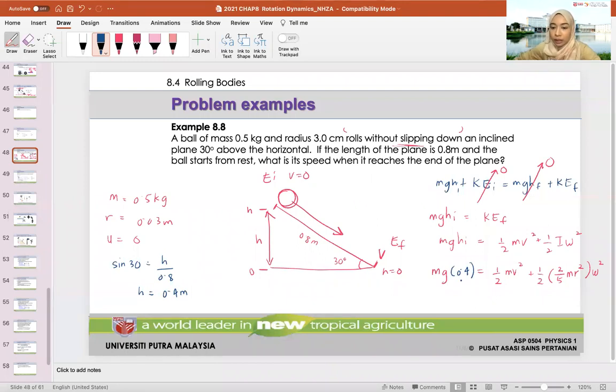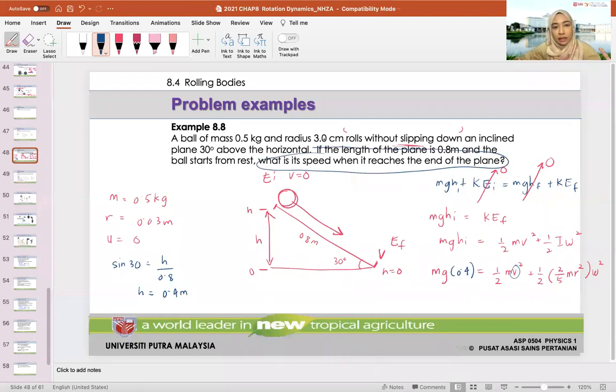So now we have m. We know m is 0.5. We have g, the gravitational acceleration or the constant. And we have our h. So that's great. It is equal to 1 over 2 mv squared. We're trying to find v. This is our unknown because it's asking us what is its speed when it reaches the end of the plane.